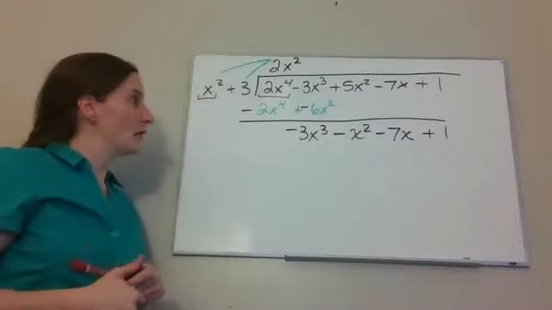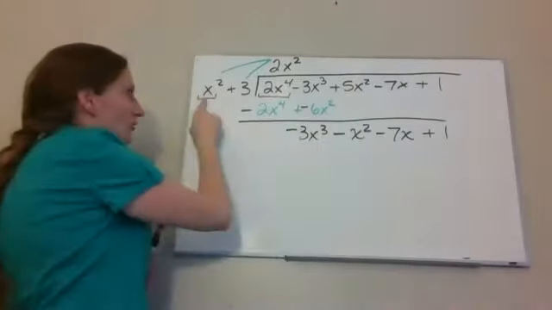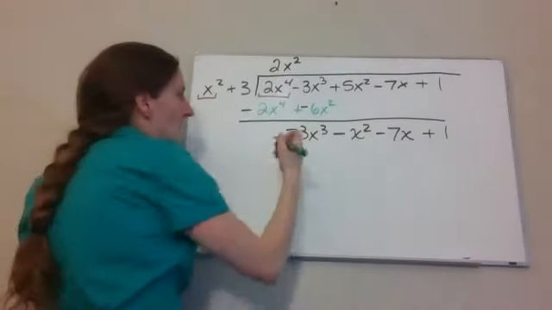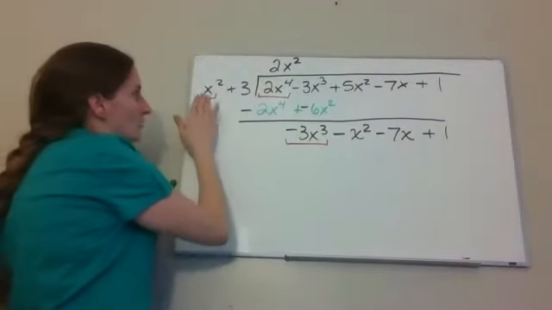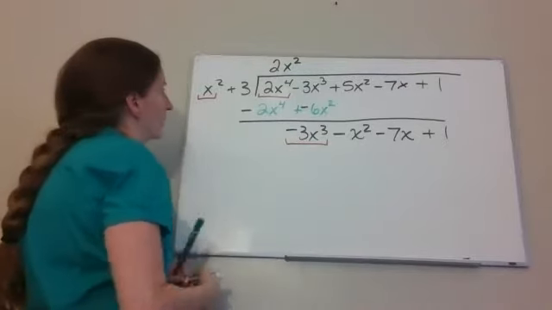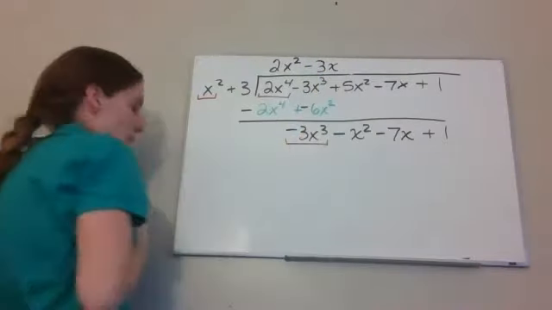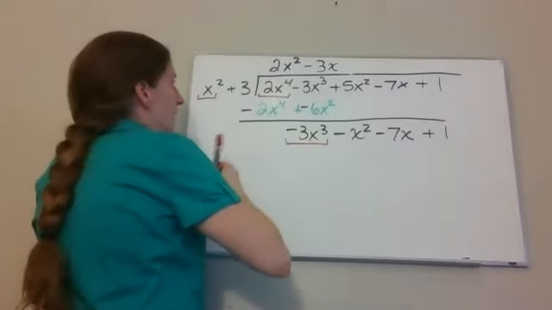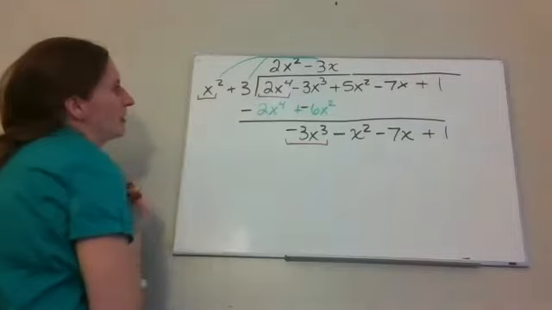All right, so now we have to do it again, because I have a power of 3 here and a power of 2 here, so I can keep going. Look at the first terms again. What do I need to multiply my x squared by to get negative 3x to the third? I would need a negative 3, and I would need an x. And now we have to distribute. So we take this negative 3x and distribute it.